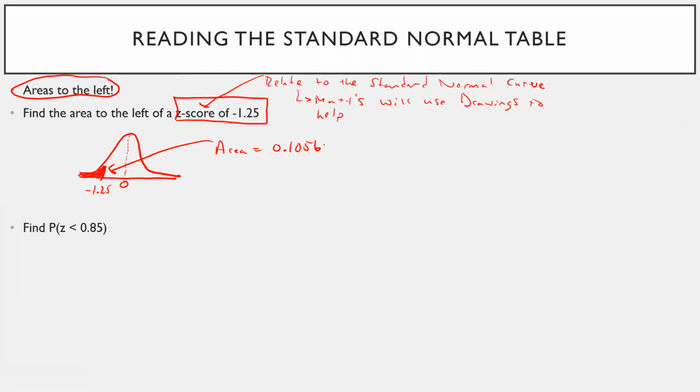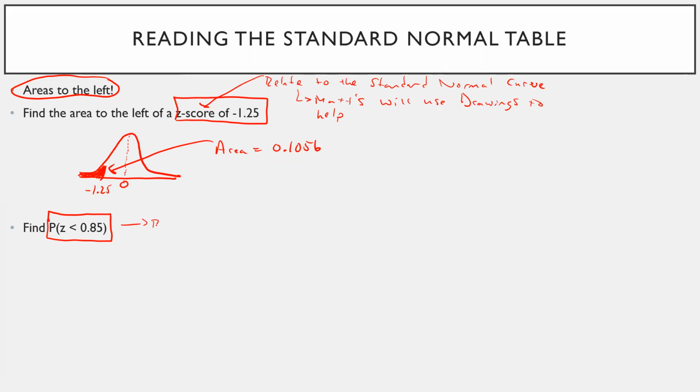Was that pretty easy to read the table? Okay, now let's do this next question. It's a little different. Now I want you to find the probability that a z variable is less than 0.85.